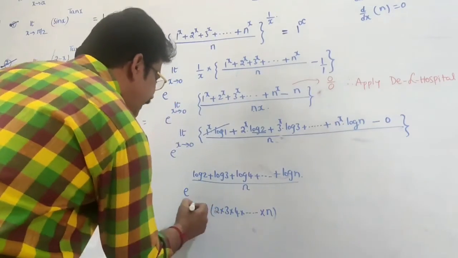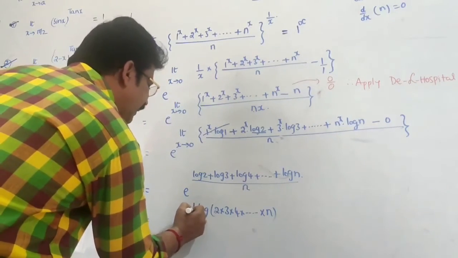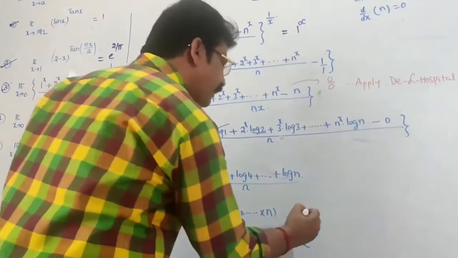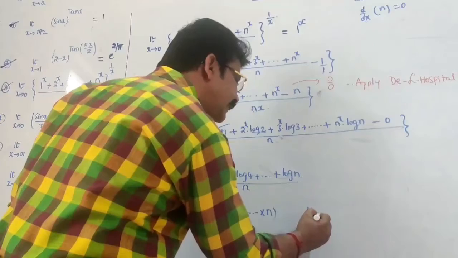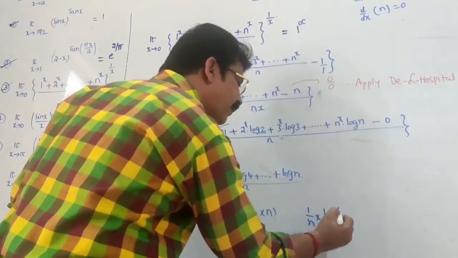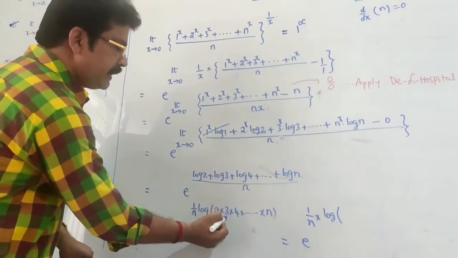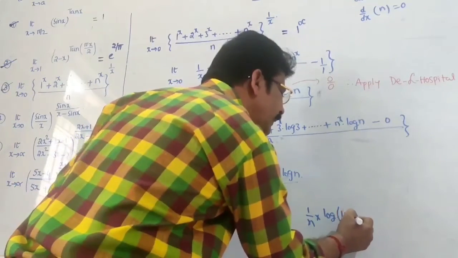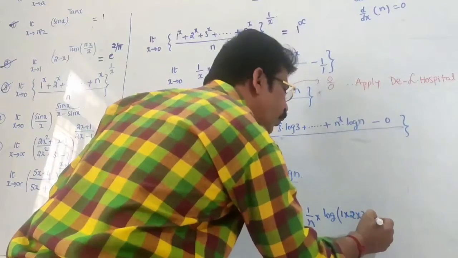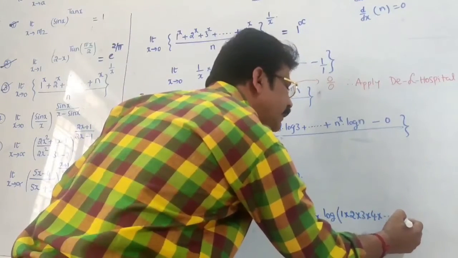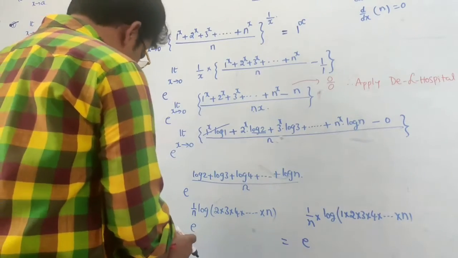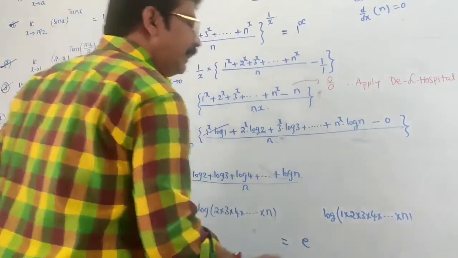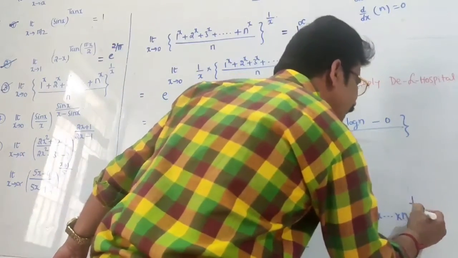Whole divided by n means it is 1 by n. So that is equal to e power 1 by n into the logarithm of 2 into 3 into 4 into and so on into n, which can be written as 1 into 2 into 3 into 4 into and so on into n. Next this 1 by n can be written as whole to the power of 1 by n.